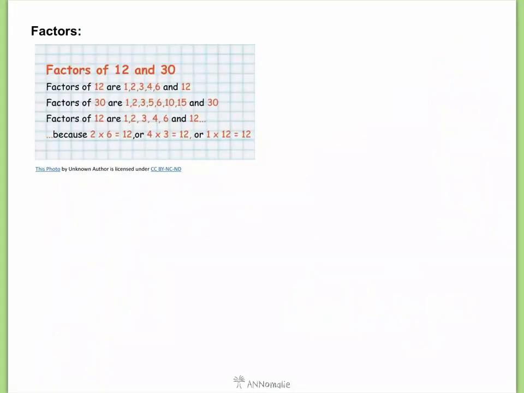Let's identify the term factors. Now, a factor of a number divides into the number without a remainder. In other words, a remainder of 0. So if we have a look at the factors of 12, we know that 1 multiplied by 12 will result in 12, 2 times 6 and 3 times 4.